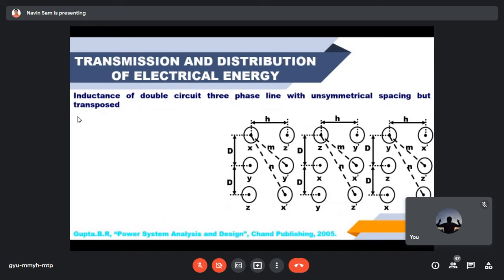Two major advantages I would like to specify. First, you may take down: a double circuit three-phase line has two parallel conductors for each phase.